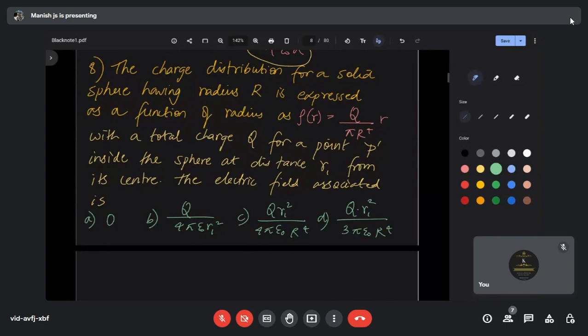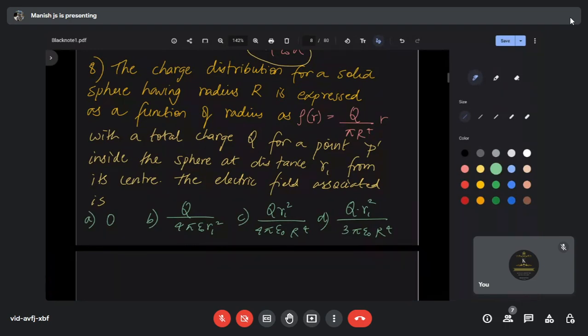It is for a point P inside the sphere at a distance of r1 from its center. So your point of interest is not the center of the sphere. It is at a distance of r1. So at the point P you have to find the electric field, not at the center of the sphere.